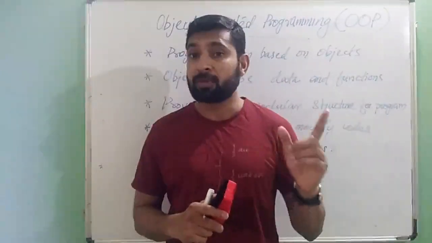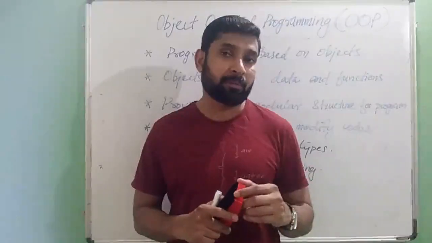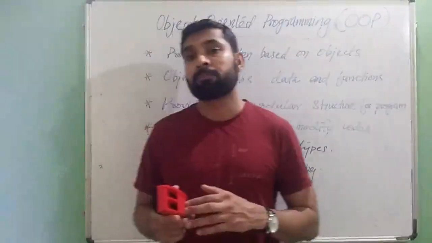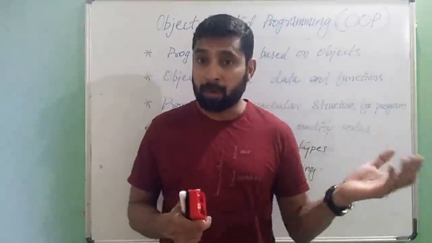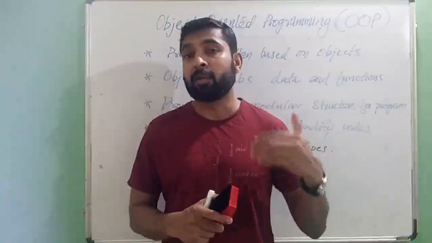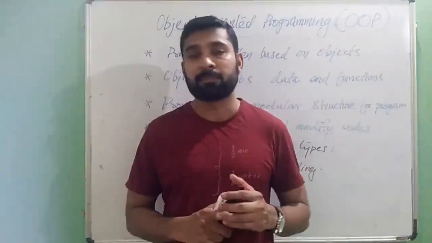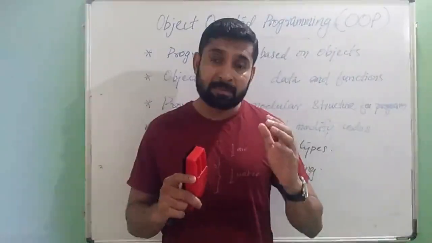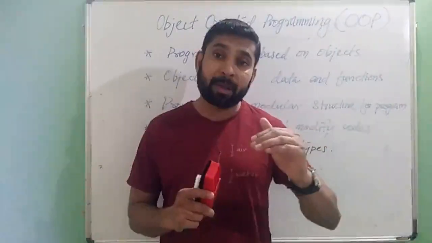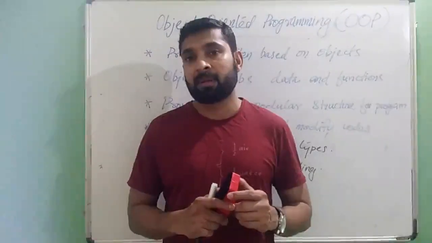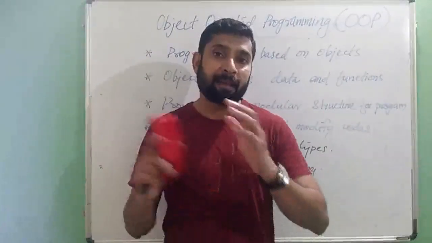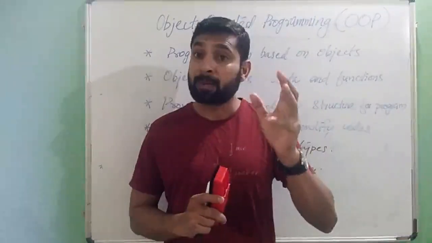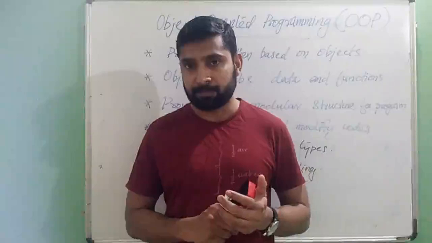These are the features of procedure oriented programming. In object oriented programming, these issues are overcome by using a new concept called object. So in object oriented programming, the programming is purely based on objects. An object is a real world model that has properties and behaviors.